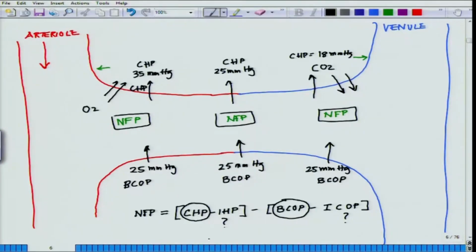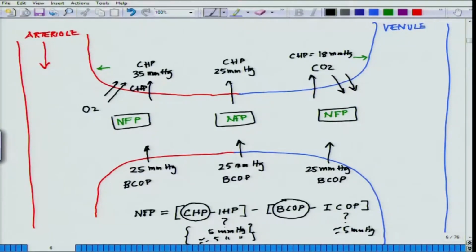In the brain, it is approximately 5 millimeter mercury, and in other tissues it is around -5, a negative hydrostatic pressure. Okay. So, let us assume this as 5 to -5, whereas the interstitial capillary osmotic pressure is approximately 5 millimeter mercury.